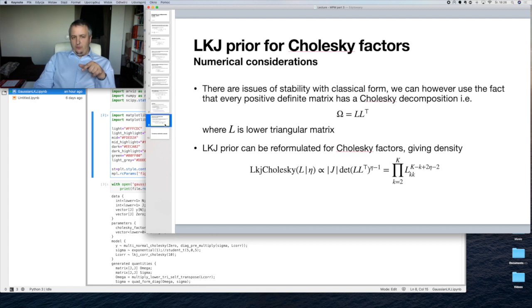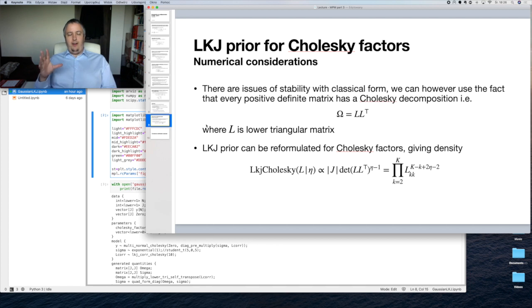What is used is a certain numerical reformulation of the LKJ prior, because generally when using positive definite symmetric matrices, we really don't want to use them in the full form. Why? Because that is usually numerically much more sensitive.